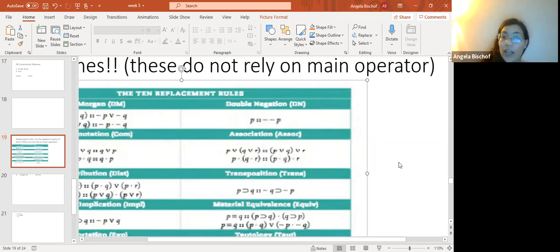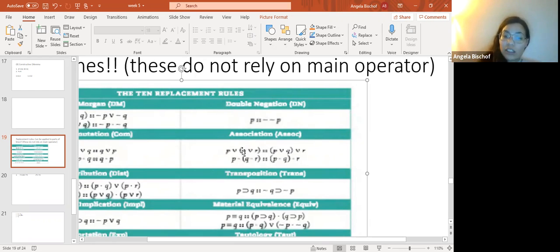So the parentheses, when it's an entire string of disjunctions, we still need them for the reasons I talked about last week with the ambiguity. If there's a disjunction in the parentheses and it's attached to a conjunction, we are going to have an ambiguous statement if we don't have the set of parentheses.